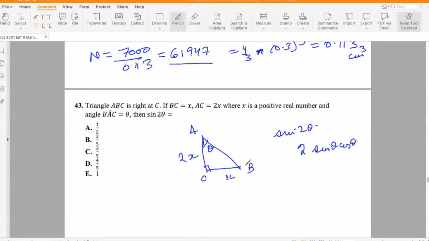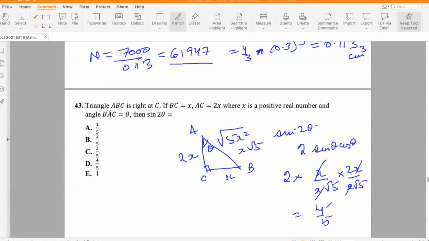So let's first find the hypotenuse. It will be under root of 4x squared plus x squared. So 5x squared. So x root 5, right? So 2 times sine theta is x by x root 5, and cos theta is 2x by x root 5. The x's cancel, so you get 4 by 5. Option D.